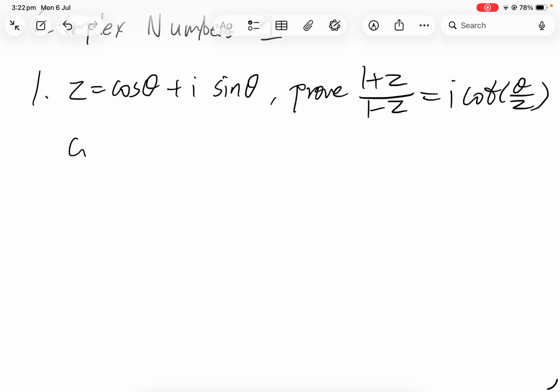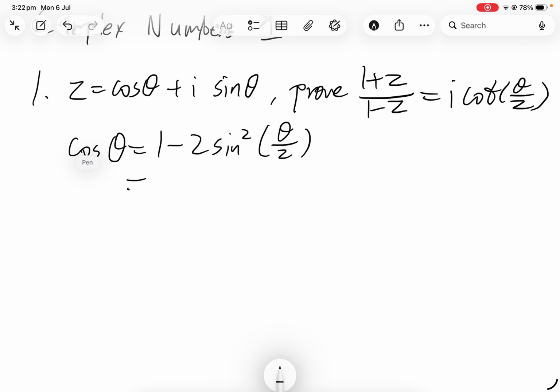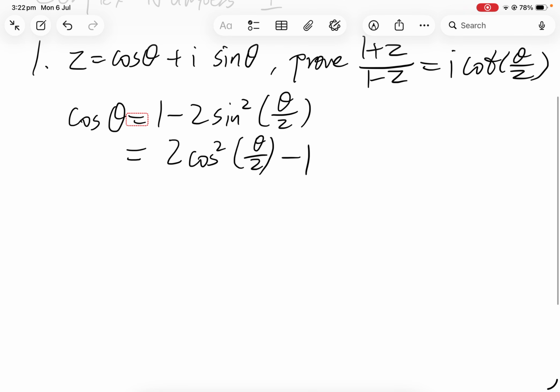First is cos theta equals 1 minus 2 sine squared theta over 2, and it also equals 2 cos squared theta over 2 minus 1. And sine theta just equals the normal double angle, so it's 2 sine theta over 2 cos theta over 2.